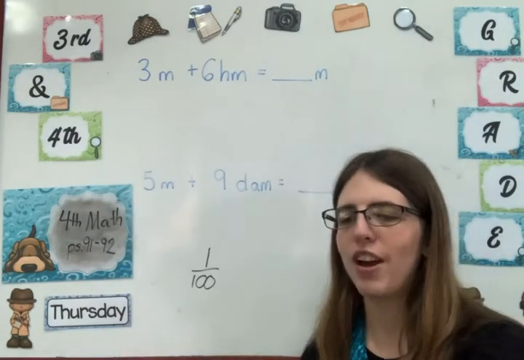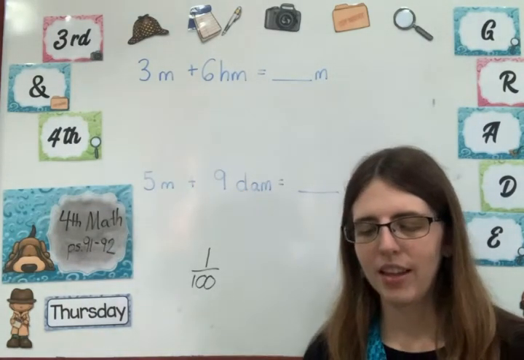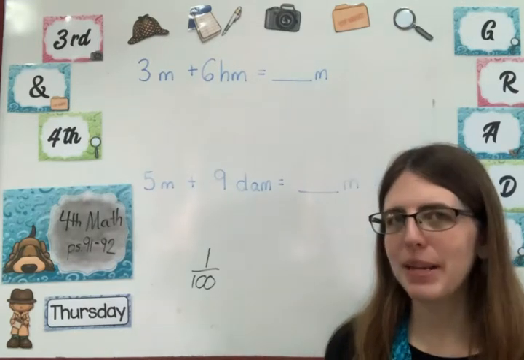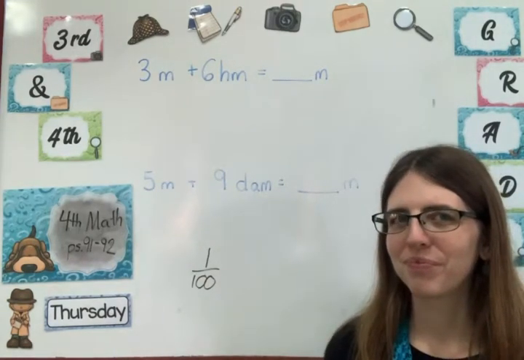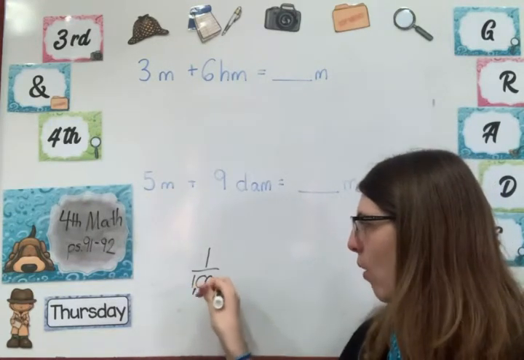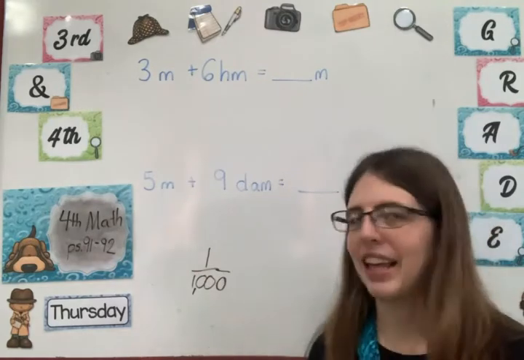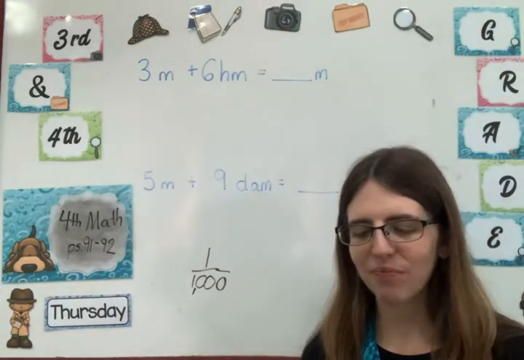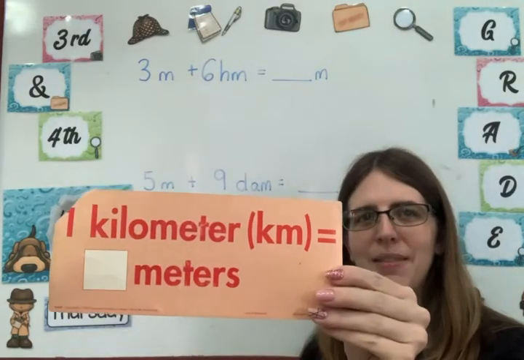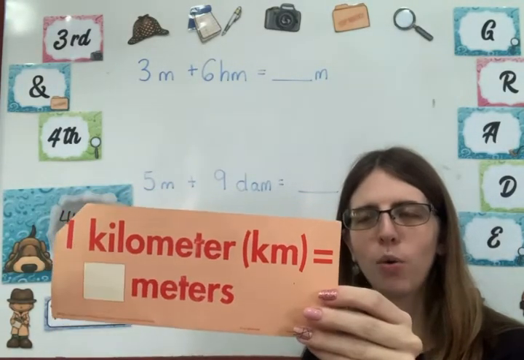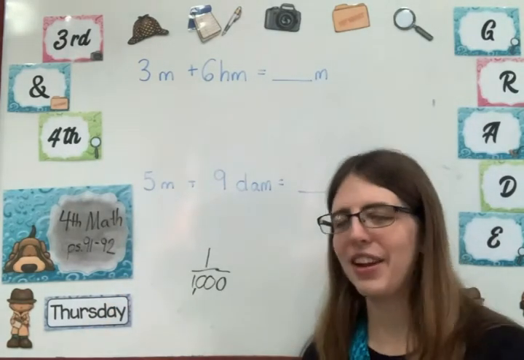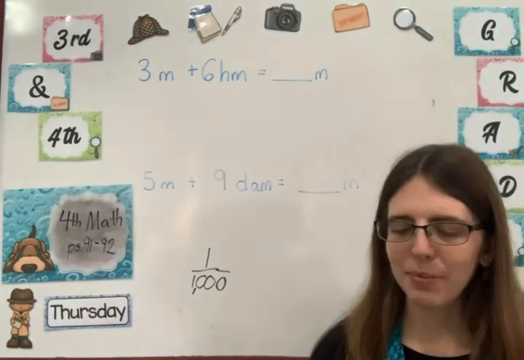That one is 100. Milli, this one's smaller than a meter. Think meal. It's 1/1000, like that, okay? And then the last one is kilo. That's bigger than a meter, so it's gonna be a whole number. 1,000, very good.